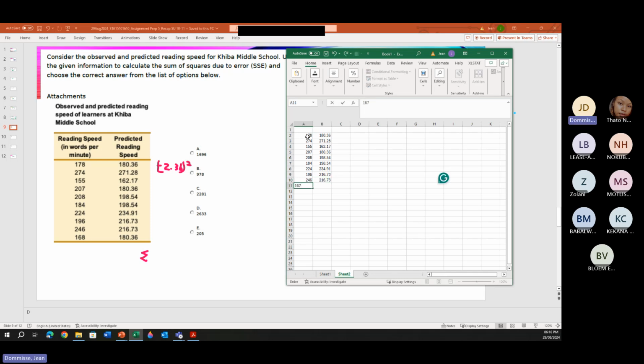And when your answer is wrong and you don't know how you got to the wrong answer, it's exactly the same as if it was pen and paper. So 178, I'm just first going down: 178, 274, 155, 207, 208, 184, 224, 196, 246. Okay, and then that one.